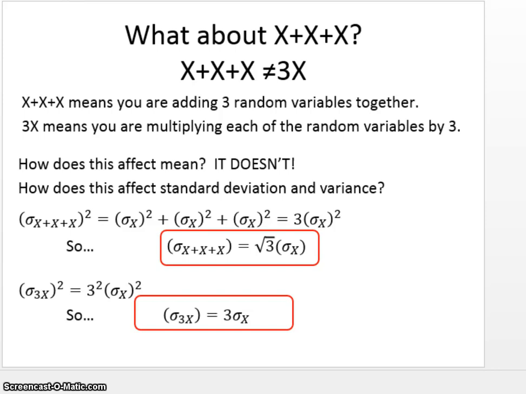But if you're combining 3 random variables to get the new variance, you will need to add the 3 variances, and so you'll get 3 times the variance. So your new standard deviation will be the square root of 3 times the original standard deviation. If you're doing 3 times X, so one constant times a random variable, if you recall, we can do 3 squared times the variance or just 3 times the standard deviation.